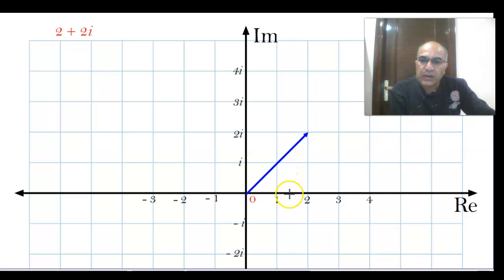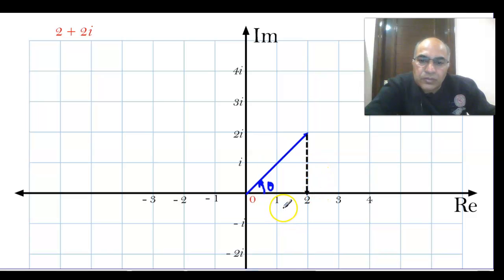Now to find the angle phi, first of all we find this angle, we drop perpendicular over there. This length is 2 units and this length is again 2 units, and modulus of this is square root of 2 square plus 2 square, that is 2 root 2.